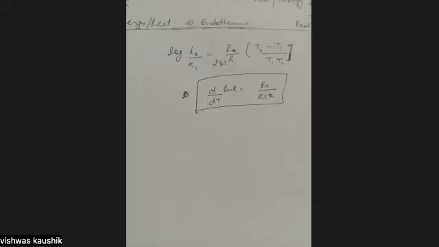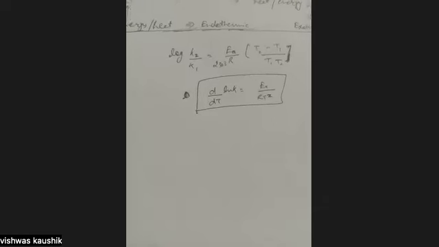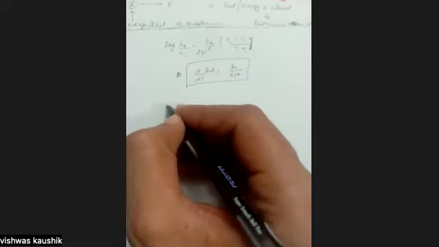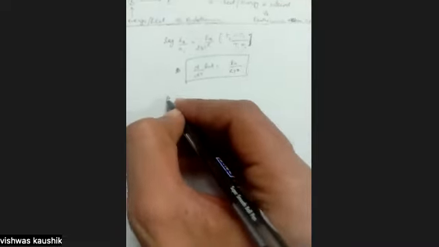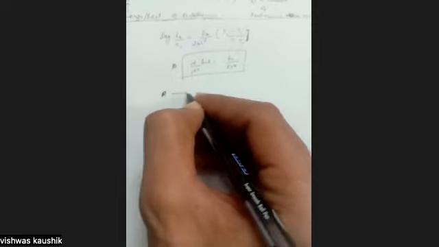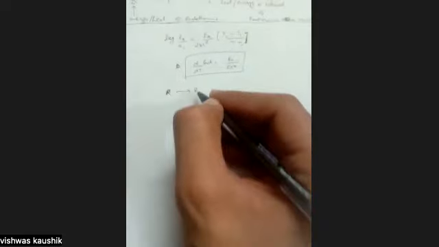How to determine the activation energy from the Arrhenius equation? For example, if we have a reactant R to product P, at temperature T1 we can calculate its rate constant.